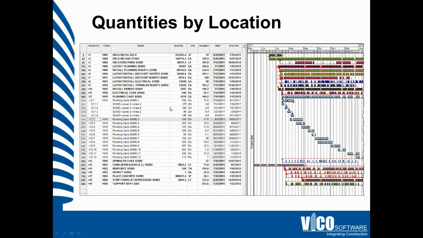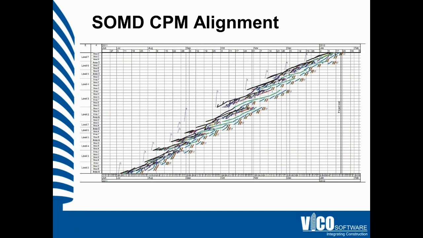We were able to extract that count and identify it and plan for it for each location that we would be installing. Now, that became a very powerful tool for optimization because we were able to determine what was the driving activity in each location, and most of the time it was one of the MEP trade inserts for each of the locations of the slab on deck.